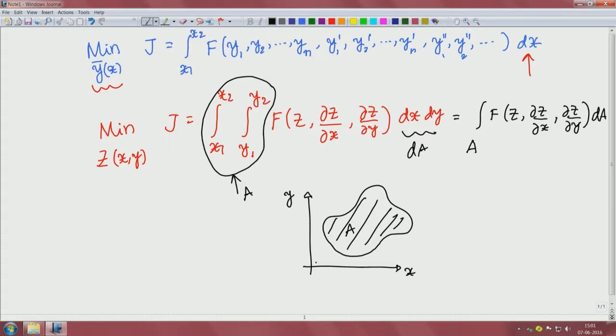If I take the z axis going perpendicular to this xy plane, the surface z of x, y has this area as its projection, that domain. This is our domain for the function z of x, y. So, we need to find a function of two variables such that this functional is minimized. That is the problem we consider, and later two variables can become three variables also.